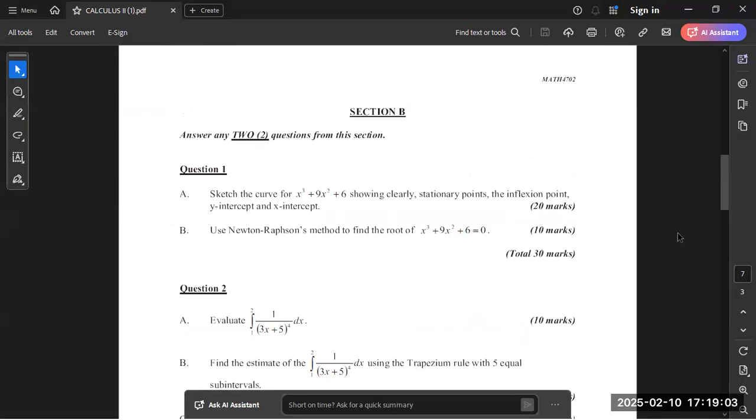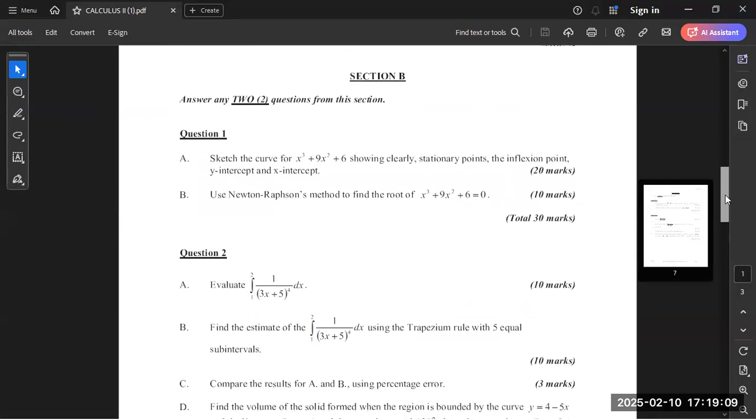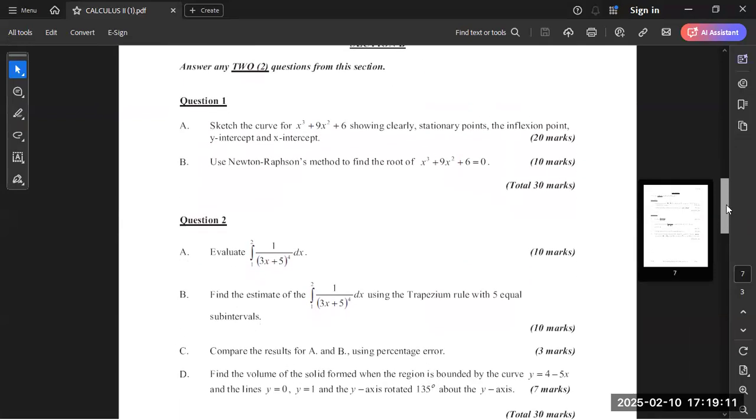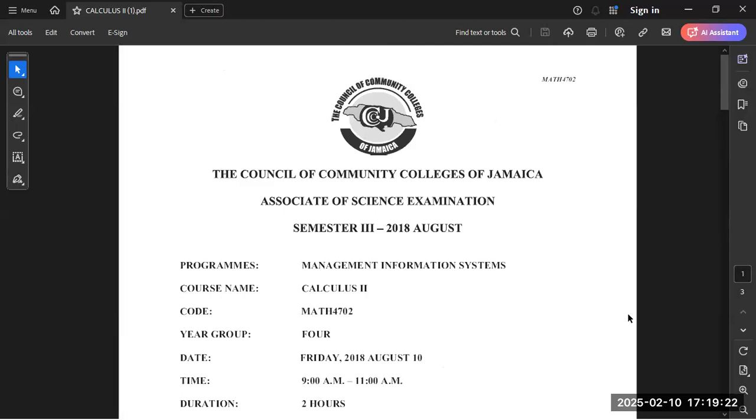First, I want to look on first. Can you go back to number one for me, please? Yeah, this is question one. And this is calculus two? Yes, sir.